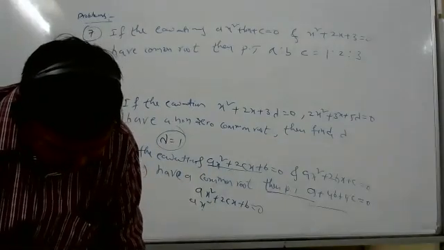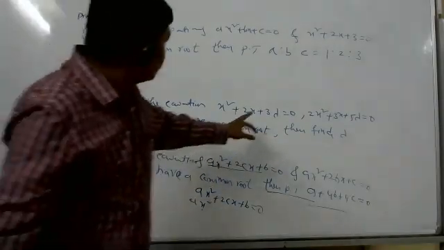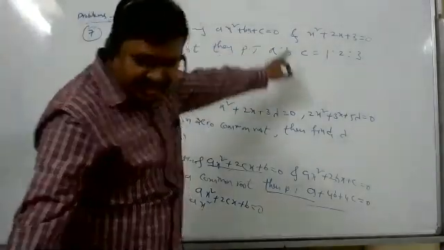Sir, that's ax square plus bx plus c is equal to 0.